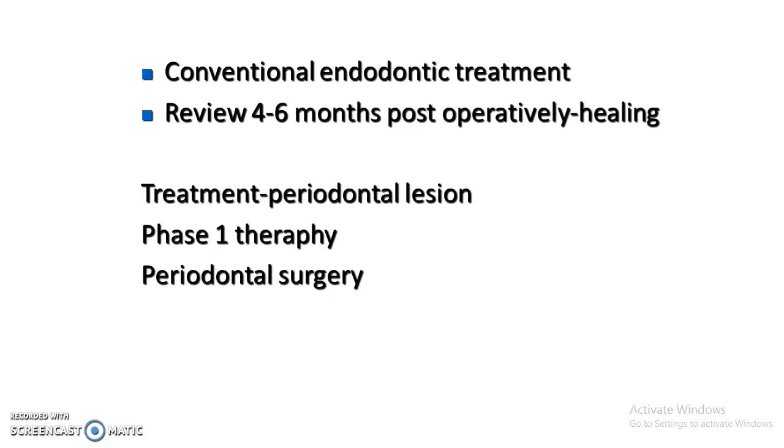So today we saw the endo-perio lesion, and the pathways of communication: the anatomical pathways and the non-physiological pathways. Among the anatomical or developmental pathways, we see the apical foramen, accessory canals, and the tubular pathways. For classification, there are many, and from those we selected the Simon, Glick and Frank 1972 classification.